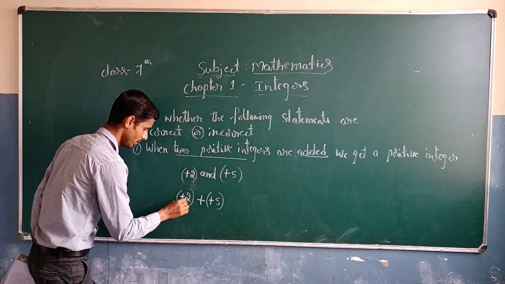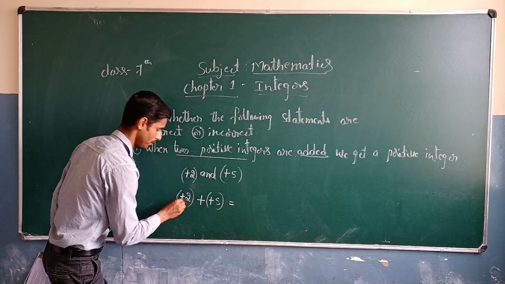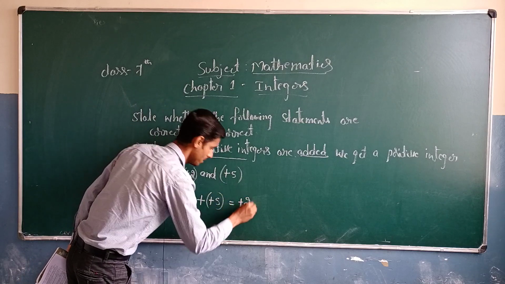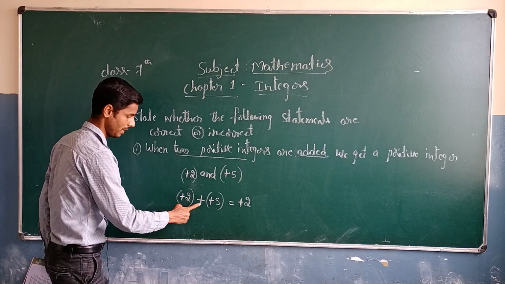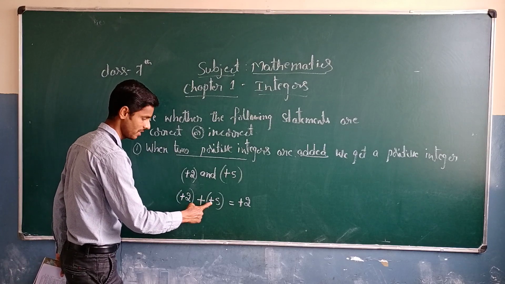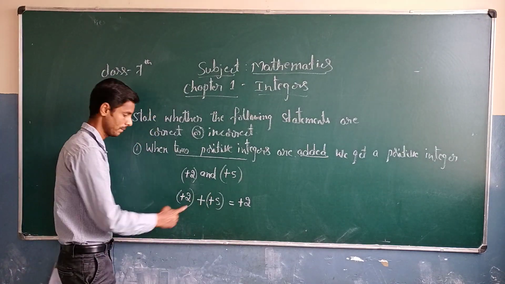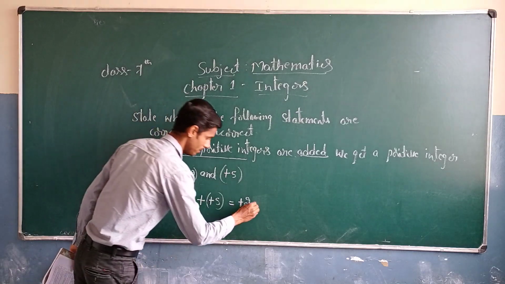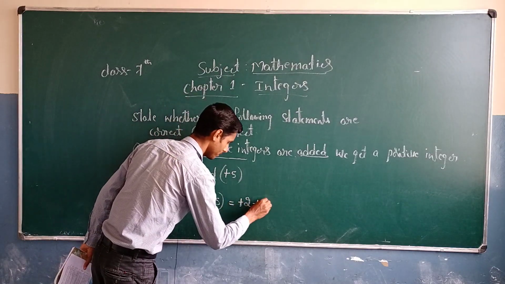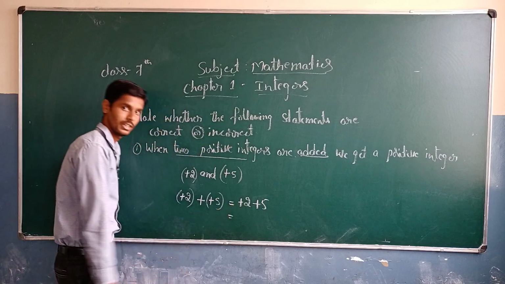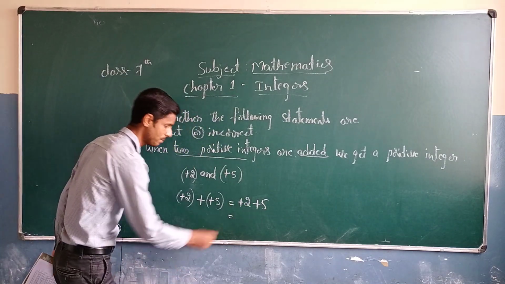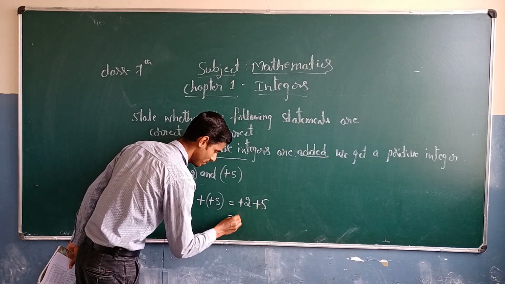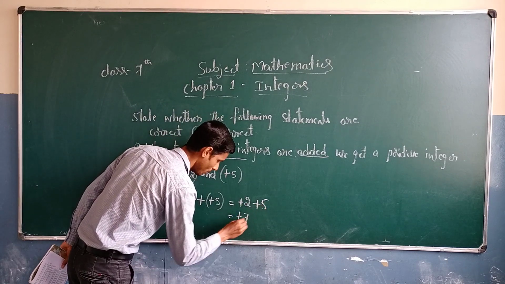We can write plus 2 as plus 2 itself. We know how to remove the bracket. Plus into plus is plus 5. When we have same sign, we will add these two. Plus 2 and plus 5 is plus 7.